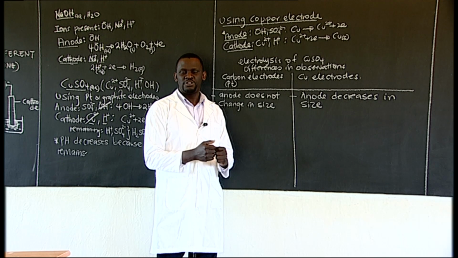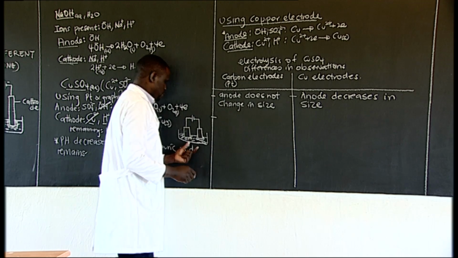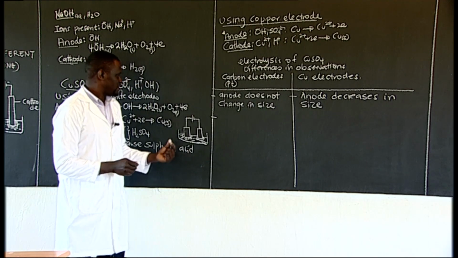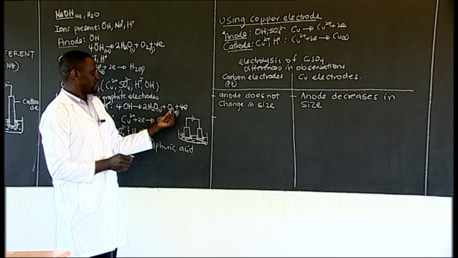So who can give us another difference in the observations? If you look at this one very well, you'll observe that here at the anode we have gas given off.